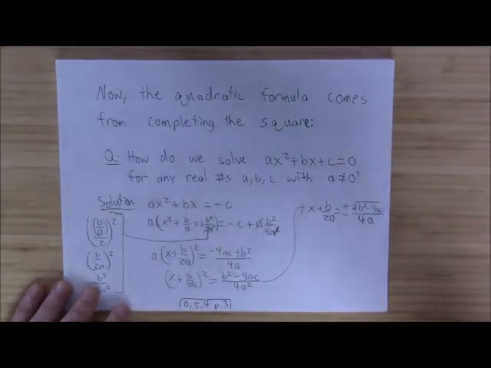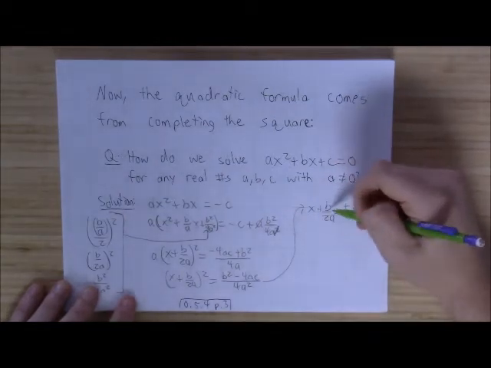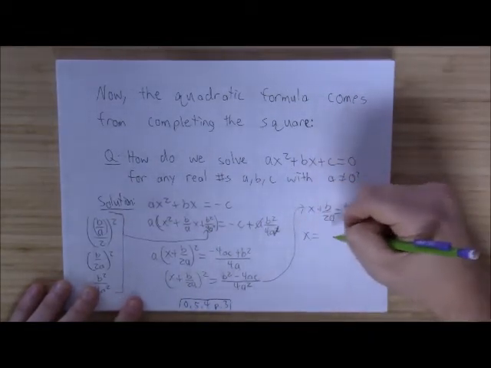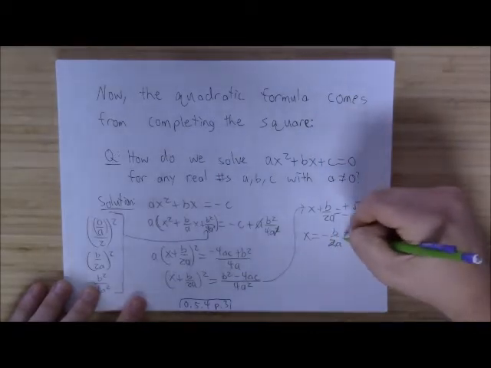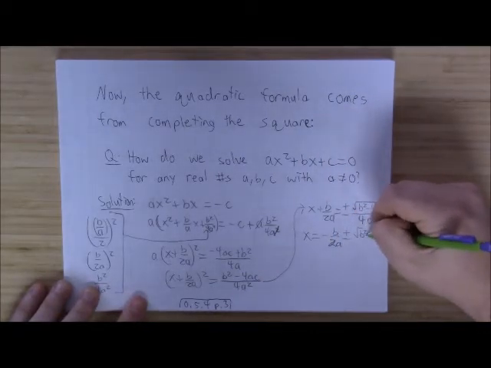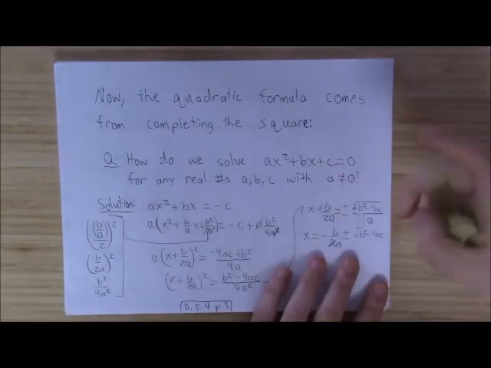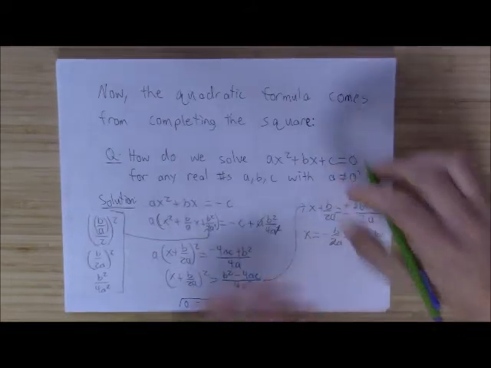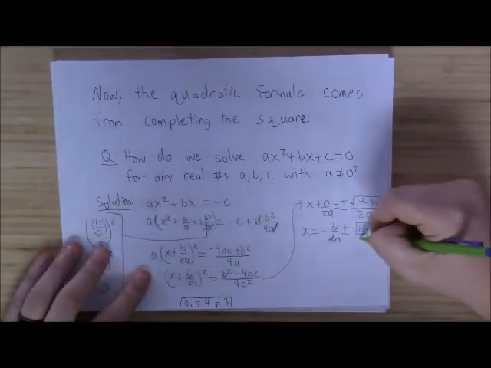But now to finally solve, we have x equals negative b over 2a plus or minus the square root of b squared minus 4ac. Oh, that was 2a down here. Sorry, when I take the square root, from there to there. And that's all over 2a.